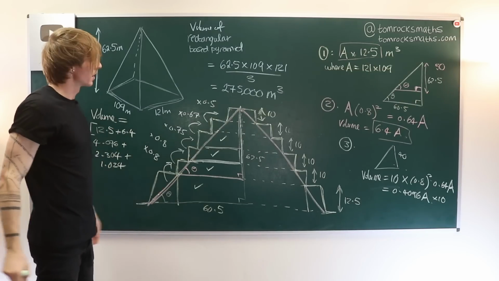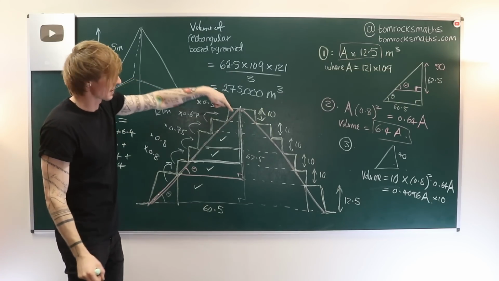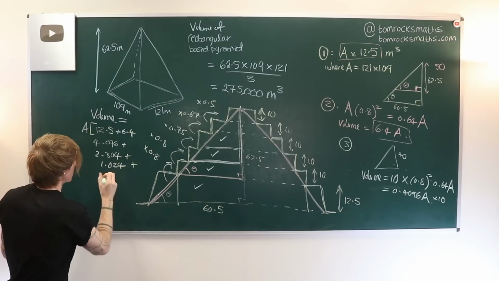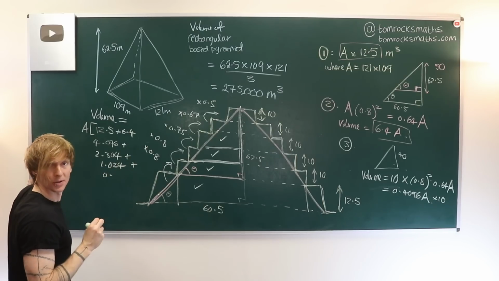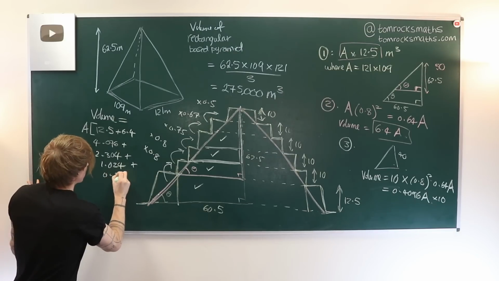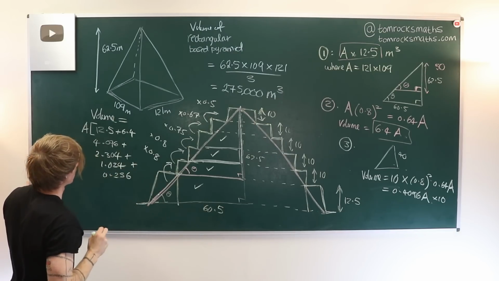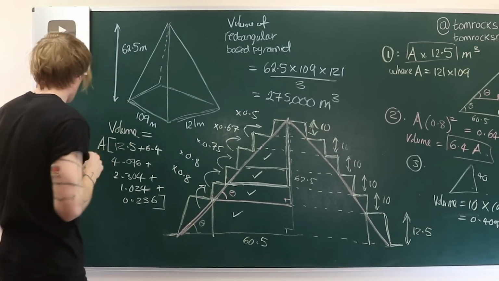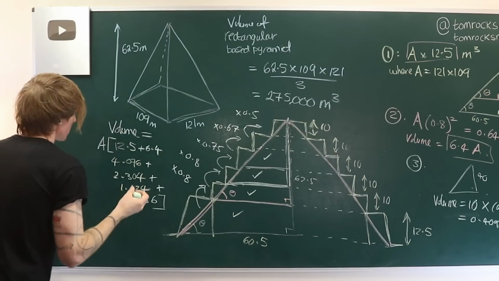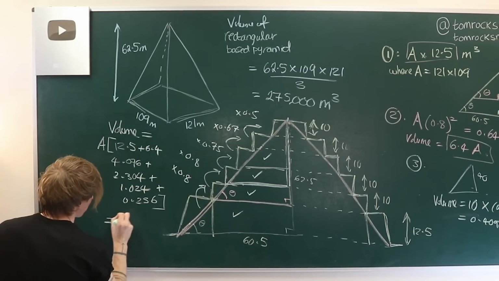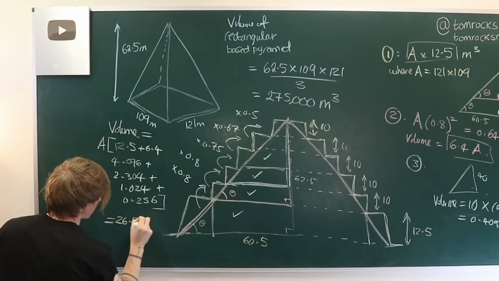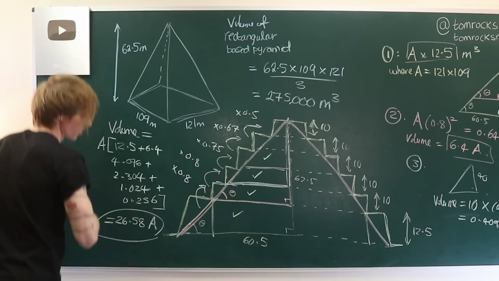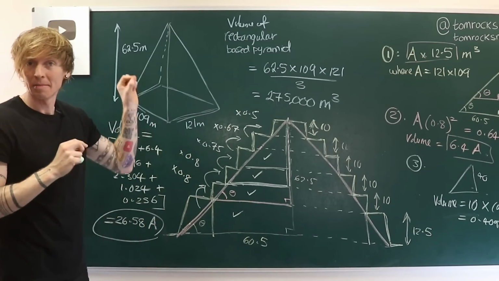And then finally, we multiply by 0.5 squared, which is a quarter, and that gives me the last piece, which is going to be 0.256 lots of a. So when we add these together, you'll get 26.58 times a as the volume of our step pyramid.